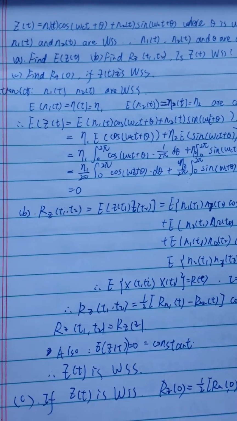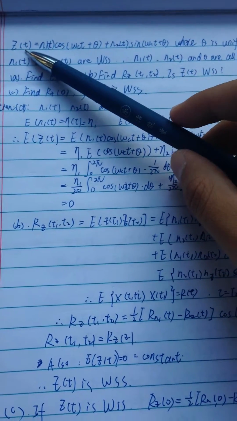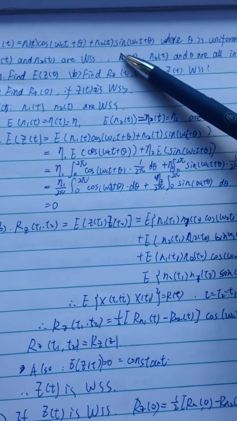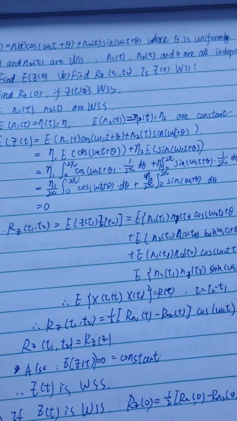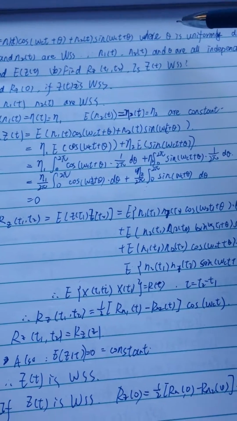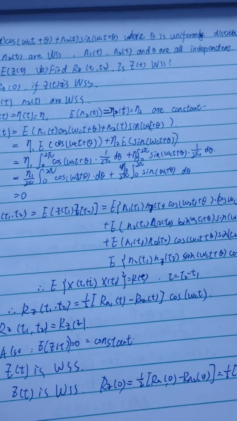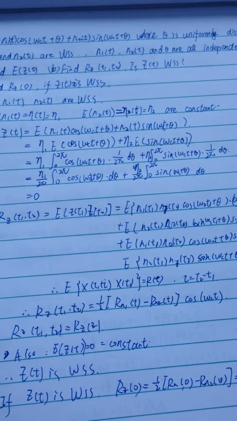In this problem we have a random process, a sine and cosine form, where the random variable theta is uniformly distributed in 0 to 2 pi.